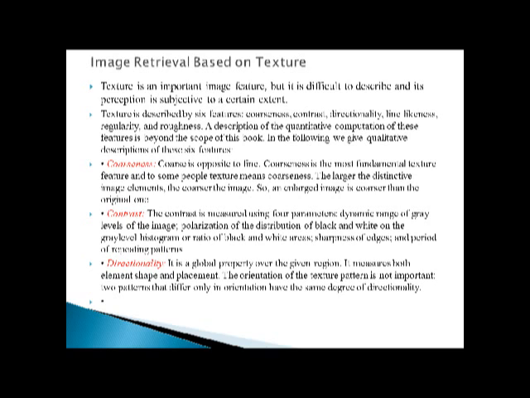Contrast, which can be measured in a number of parameters, mainly 4 parameters like dynamism, the gray levels, the polarization, with the colors of black and white, and with the areas like sharpness of edges and the beating of light. The next is directionality. It is a global property, whether you can choose from any given feature, or it can be measured both in element shape and in the response.